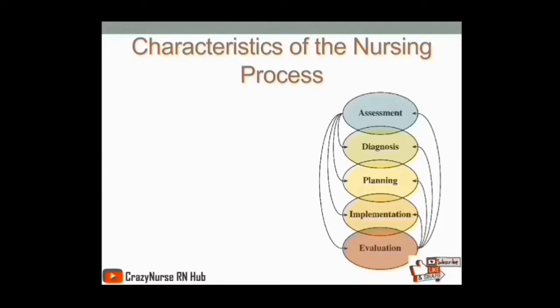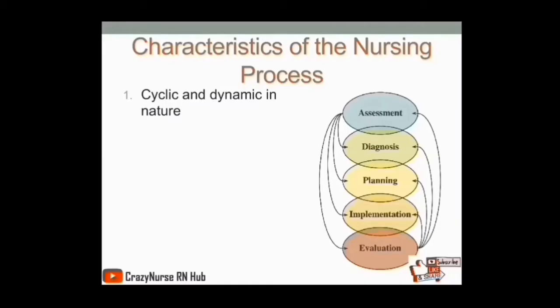Now let's proceed to the characteristics of the nursing process. The nursing process has distinctive characteristics that enable the nurse to respond to the changing health status of the client. First, it is cyclic and dynamic in nature.